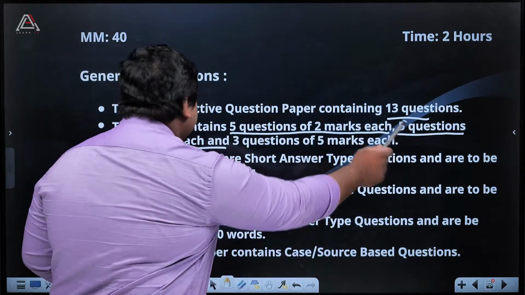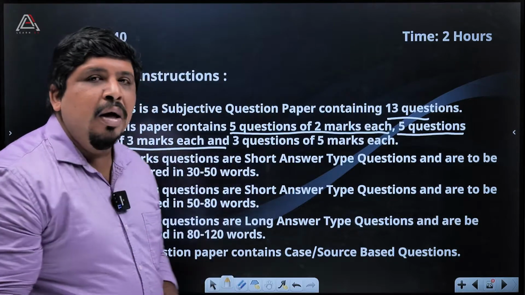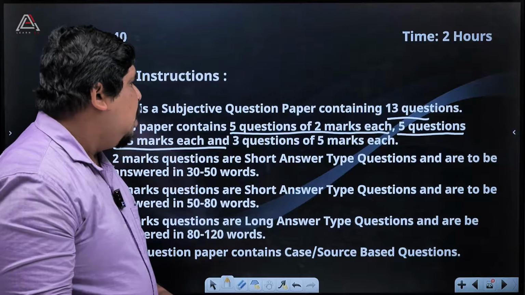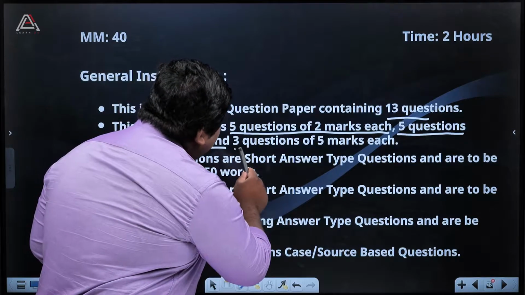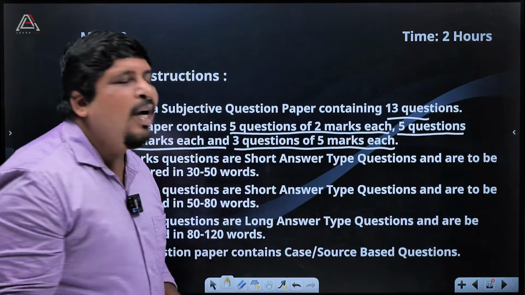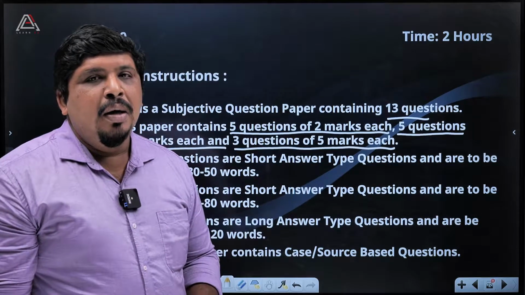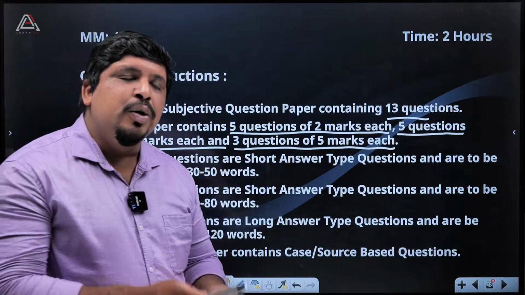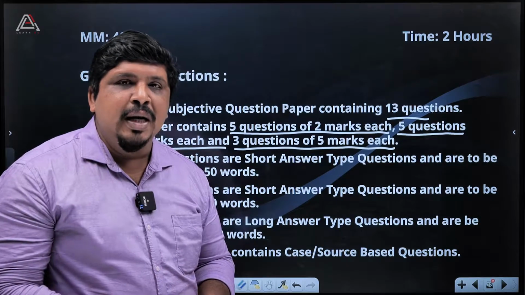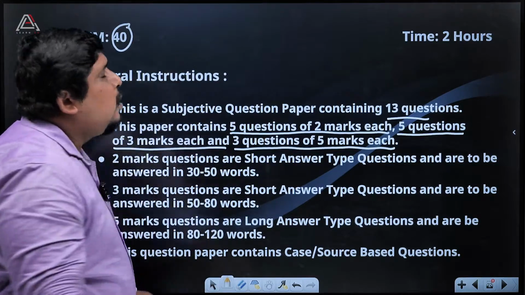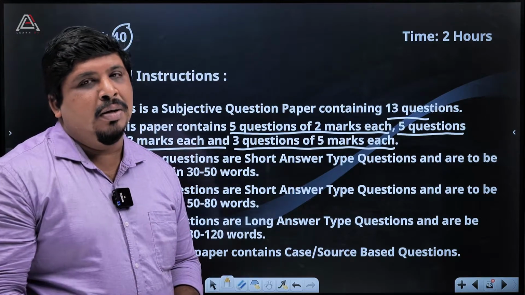Then 5 questions of 3 marks each, 15 marks. So total 25 marks. Then the last part: 3 questions, 5 marks each, that means 15 marks. So total 25 plus 15, you will have 40 marks.